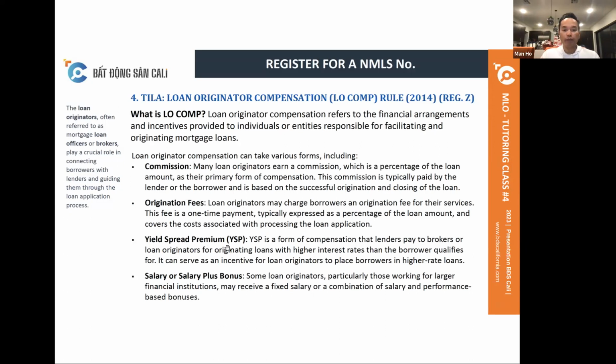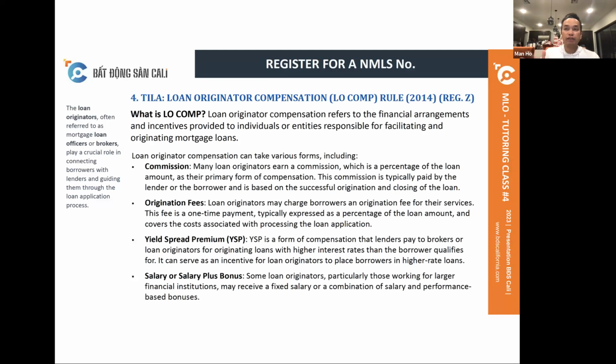And yield spread premium, which is YSP, is a form of compensation that lenders pay to brokers or loan originators for originating a loan with a higher interest rate than the borrower qualified for. Sometimes this is like, probably in the last class we mentioned steering, right?